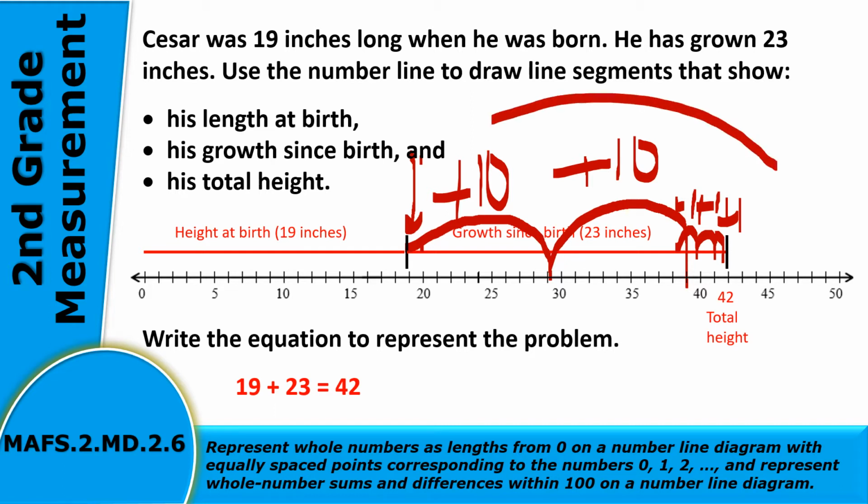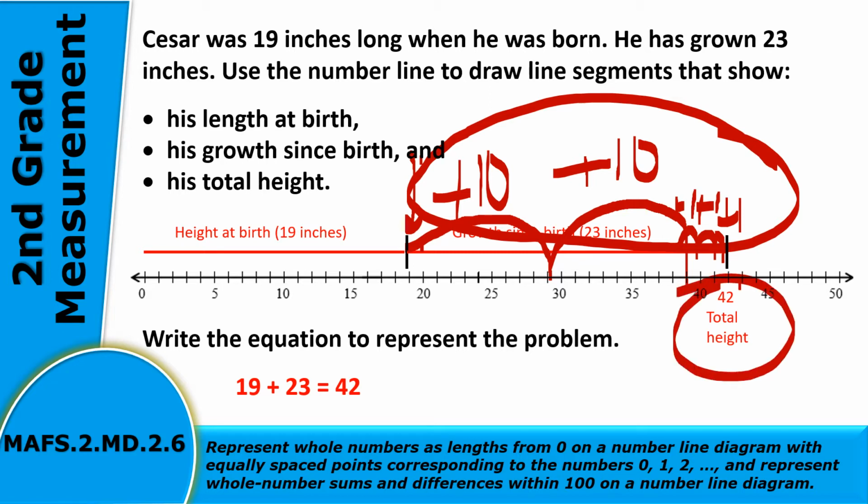So we jumped a total of 23 inches from the time he was born at 19 inches. And his total height is 42 inches. At the bottom, the equation would be 19 inches plus 23 inches is 42 inches.